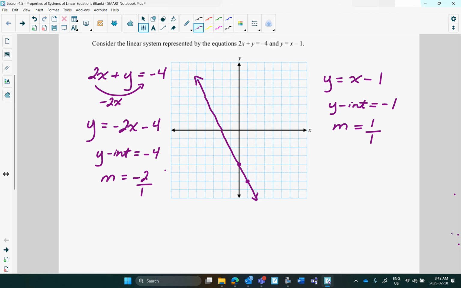So we plot our y-intercept of -1, and from the y-intercept, the slope tells us to go up 1 to the right 1. And then we graph that, and we can see where they intersect. They intersect there, and that's our solution. Okay?